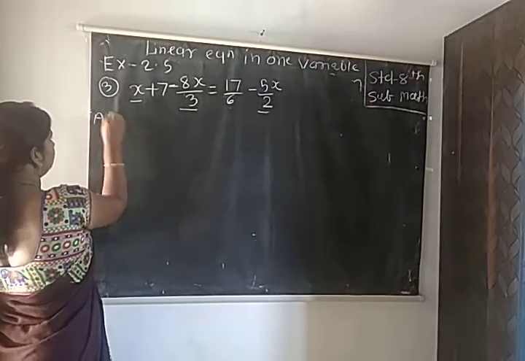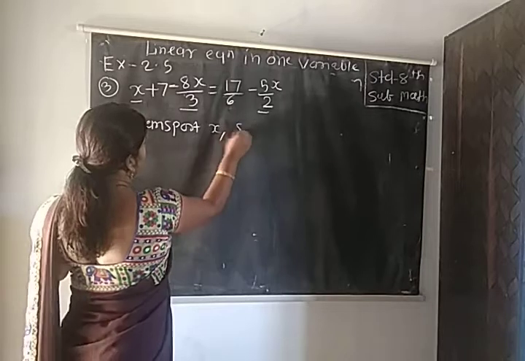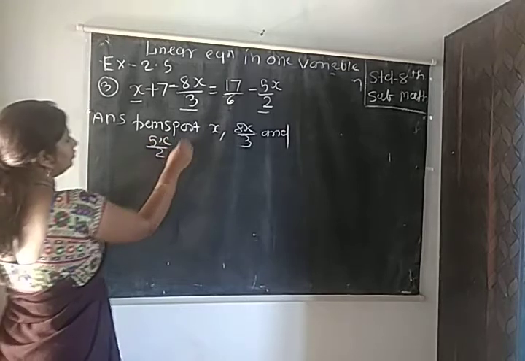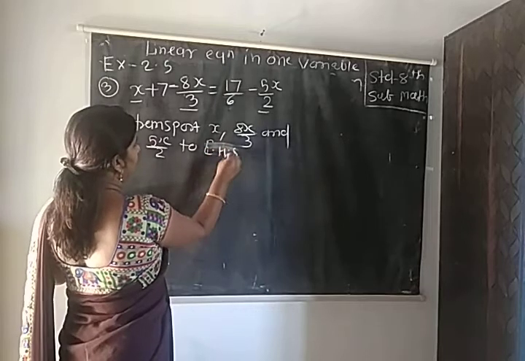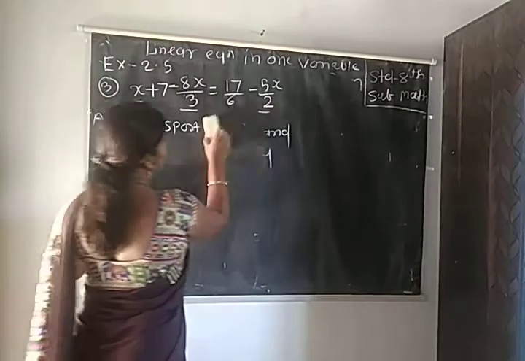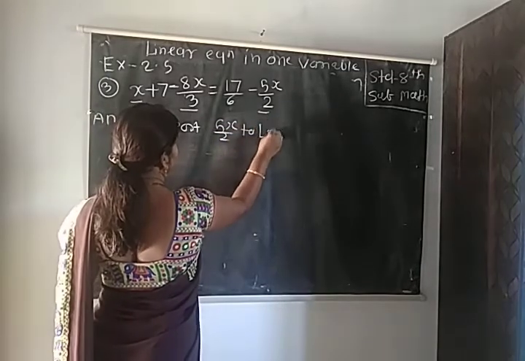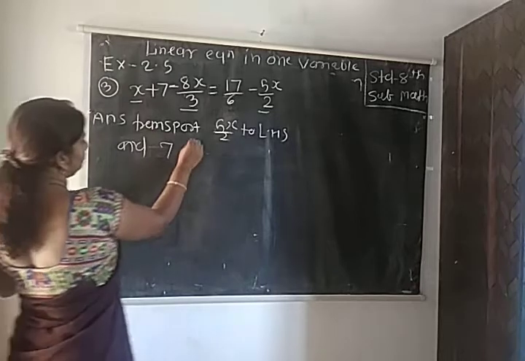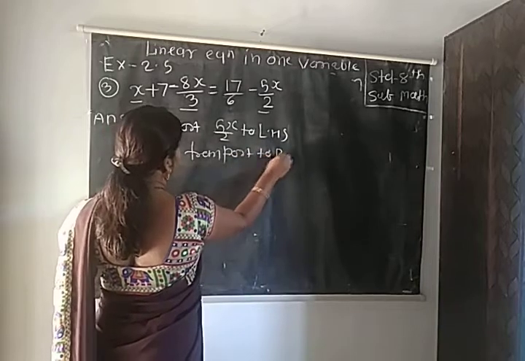Okay. Now answer, transport this 5x upon 2 to LHS, and the 7 transport to RHS.